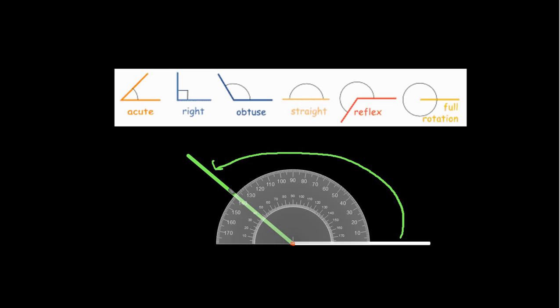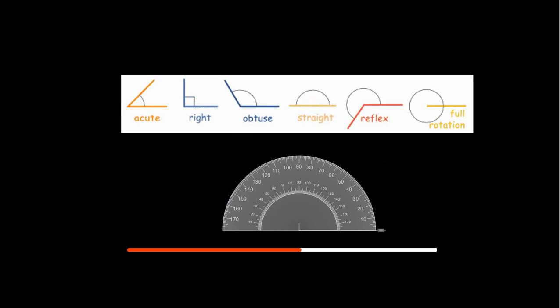This angle from the first arm to the second arm here is 138 degrees. This is considered an obtuse angle. Anything that is greater than 90 degrees but less than 180 degrees.